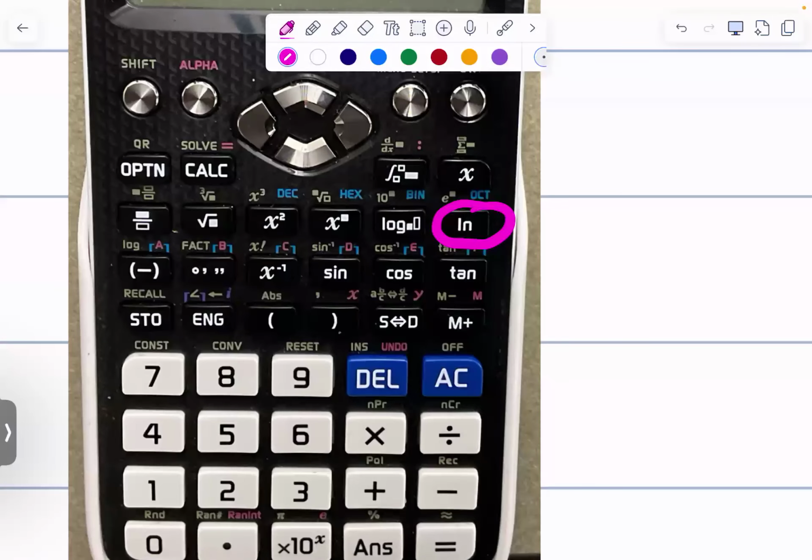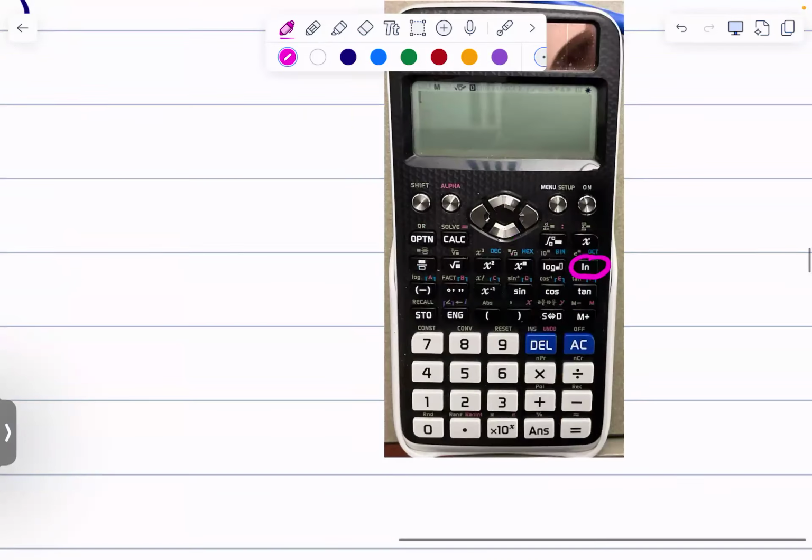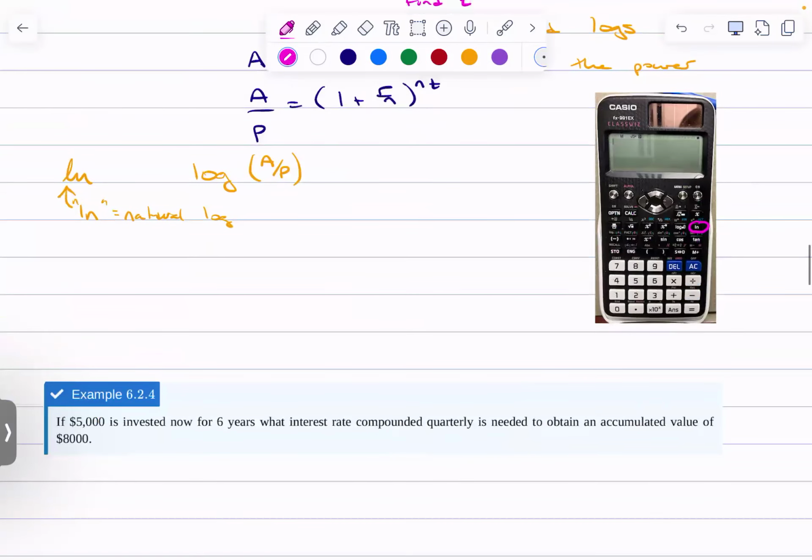It's log base E. It's okay. Does everyone have an LN button on their calculator? Something like that? Yeah. So we'll use the LN button because all scientific calculators have one, because most sciences work in logs.